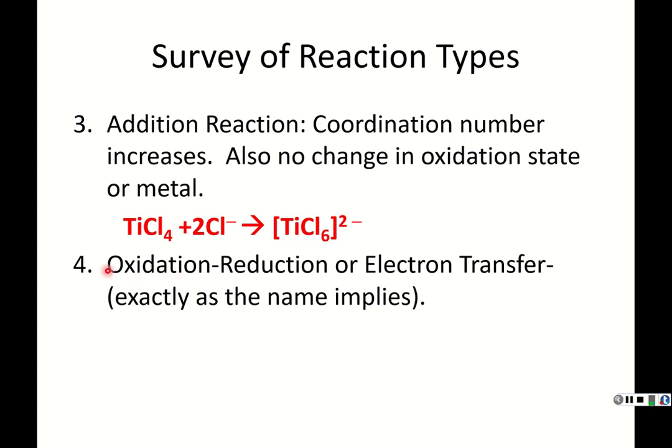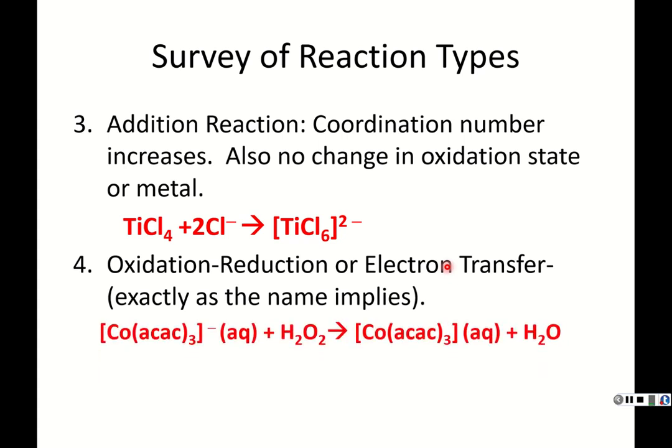Finally, we have oxidation reduction reactions, or you can think of them as electron transfer reactions. So this would be a case where the charge of the metal will change.